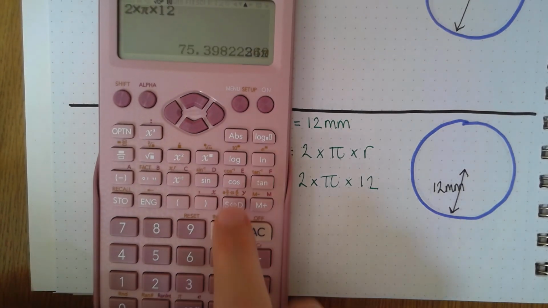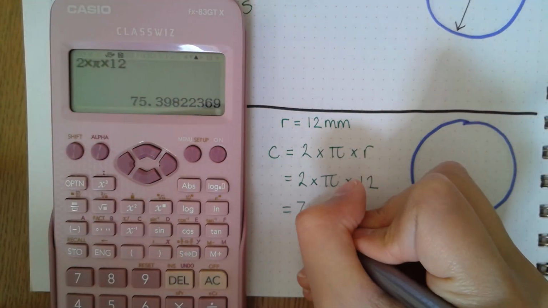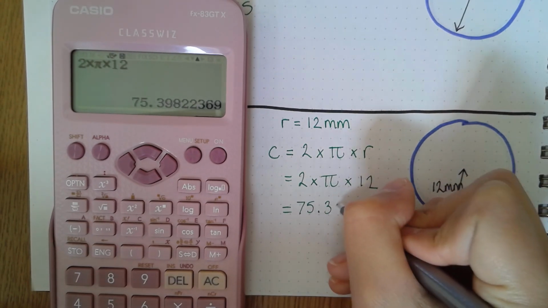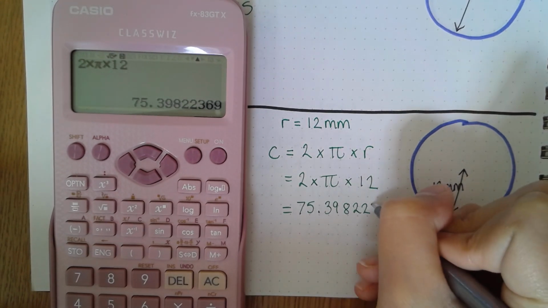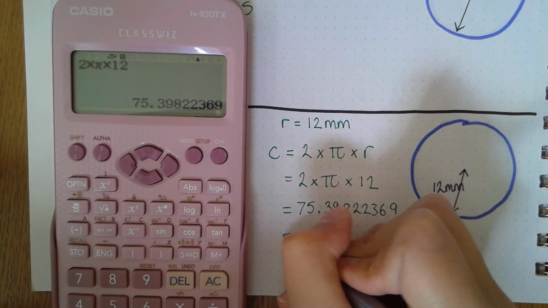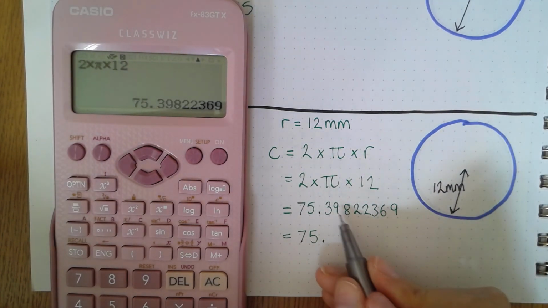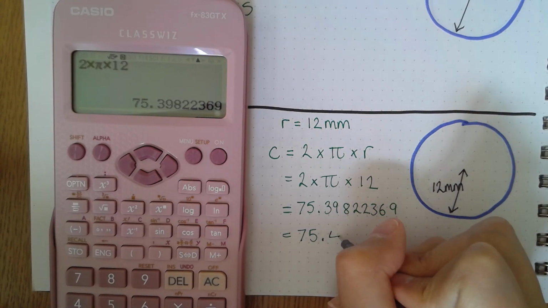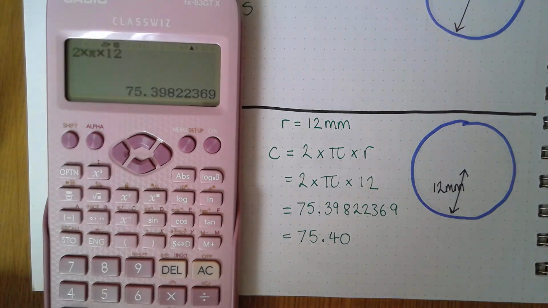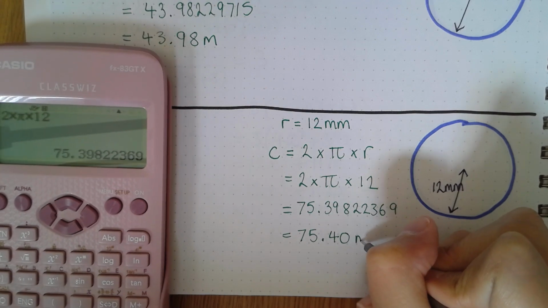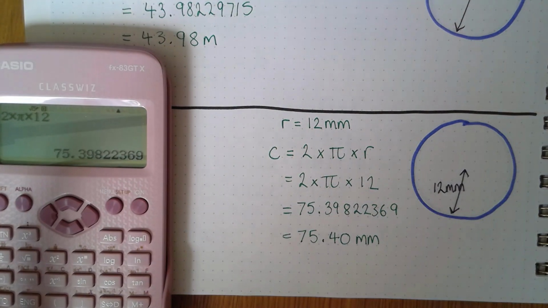Press the S arrow D button, which gives us 75.3982239. We said 2 decimal places, so 75 point, the 8 makes the 9 round up, so 40 to 2 decimal places, and our units are millimeters.